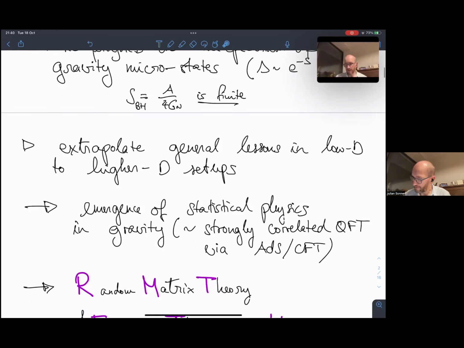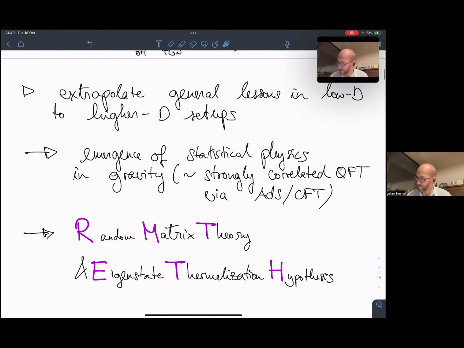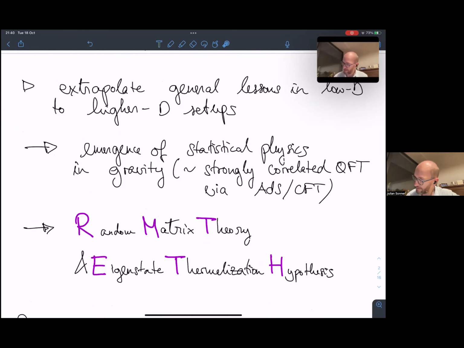All right, so in general we would like to understand the emergence of statistical physics, so black hole thermodynamics in gravity. To be more specific, that means via AdS/CFT, both in asymptotically anti-de Sitter gravitational setups, as well as in strongly correlated field theories, which are supposed to be dual to these anti-de Sitter gravity setups via the AdS/CFT duality.